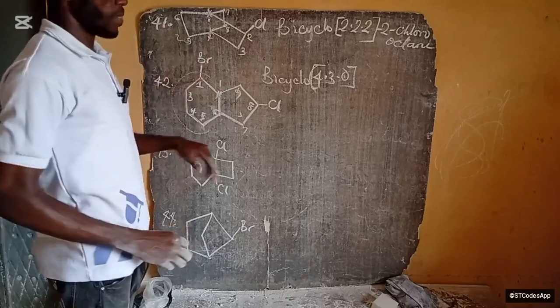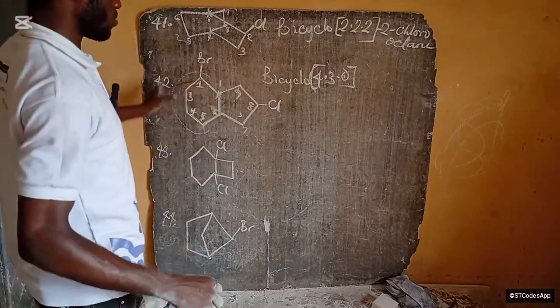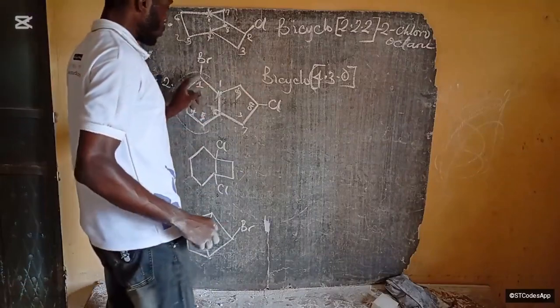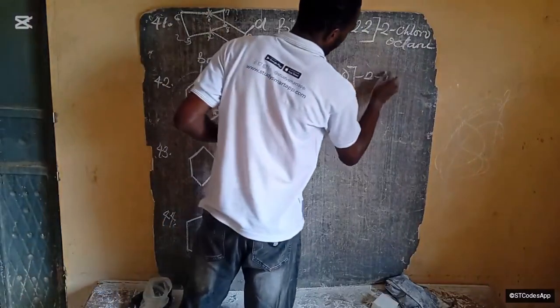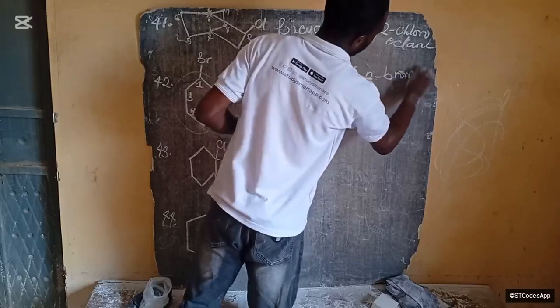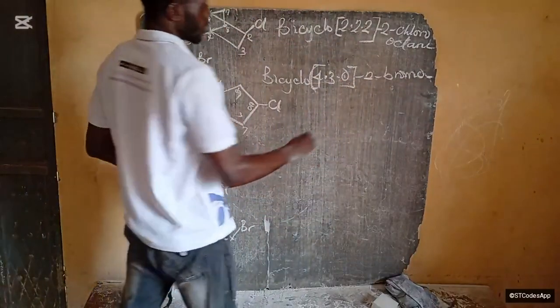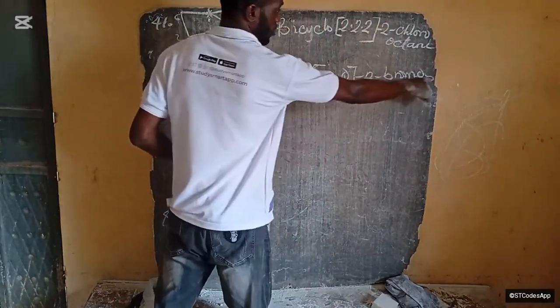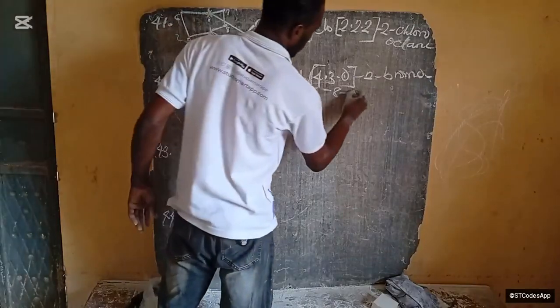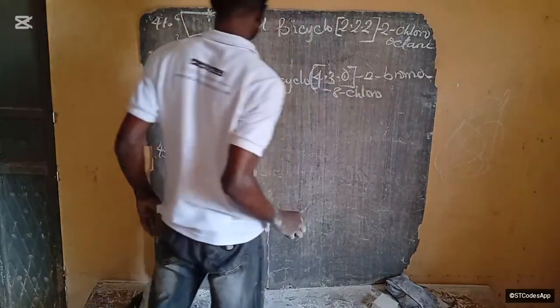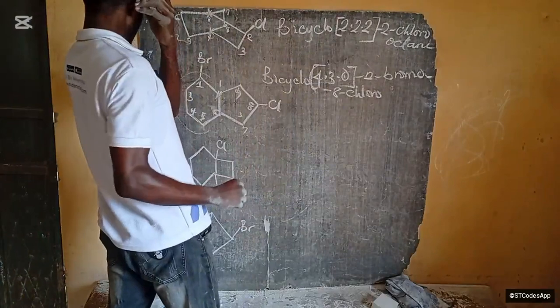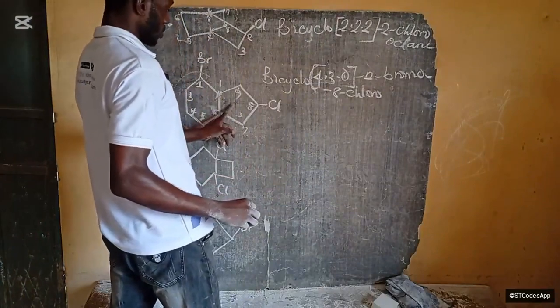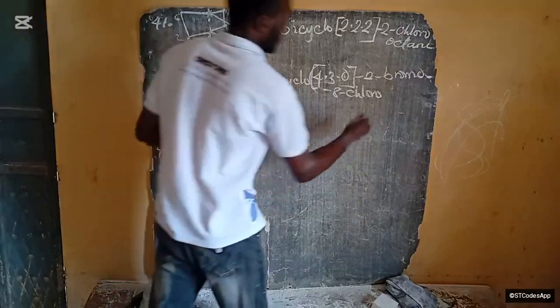So this is the one that will give them the lowest possible numbers. So this will be 2-bromo, 8-chloro, with a hyphen here, 8-chloro. 9 carbons.